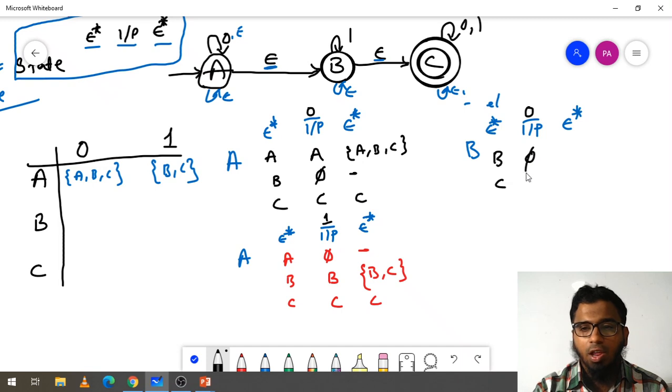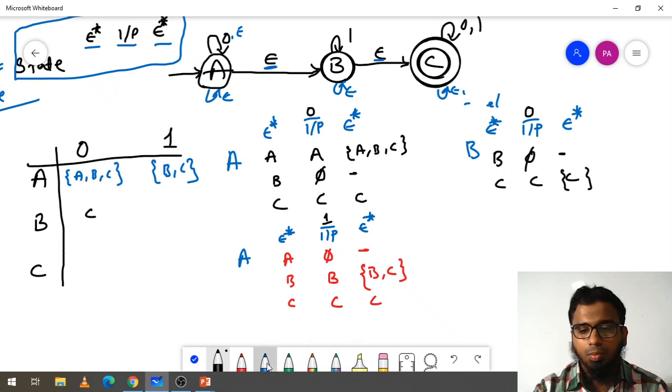B does not have 0, so B on 0 is phi. C on 0 is going to C. So this is empty, and what is the C closure? Already we found it here, that is C only. So the answer here we will get is C. B on 0, we got the answer C.